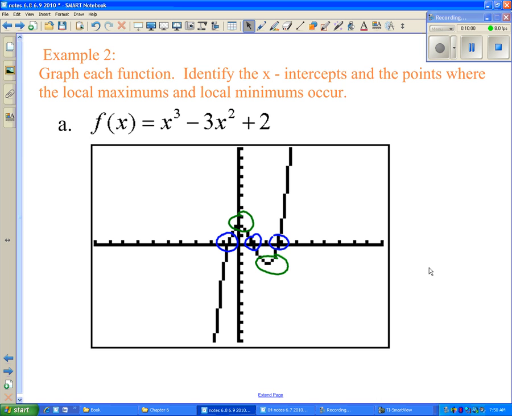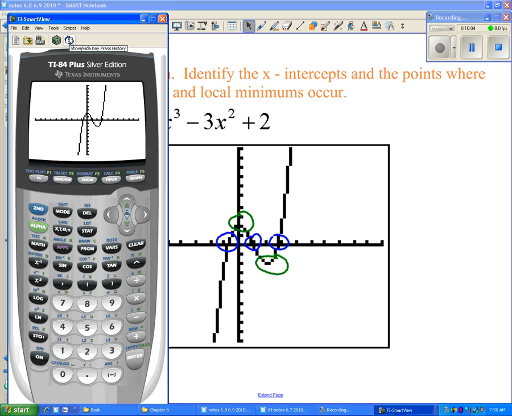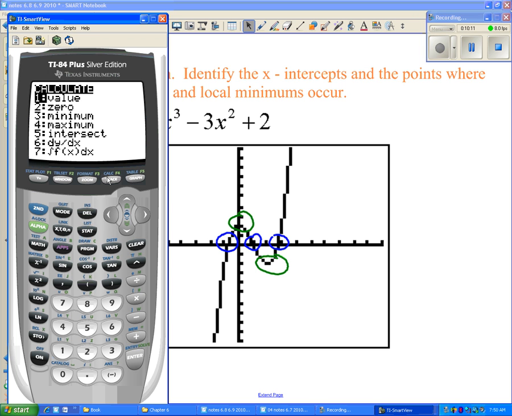So again, I go back to my calculator. I'm going to bring this back down. You can use either the zeros under second trace, number 2, 0, or we can use number 5, intersect. That's what I like to use. So I'm going to go back to y equals, make y2 a 0, and then hit second trace to go to the calc menu.